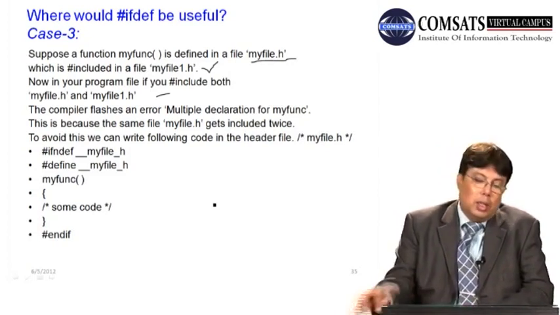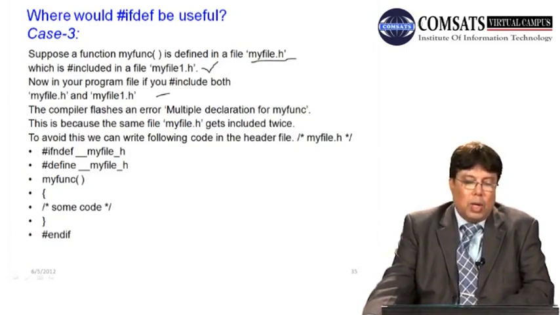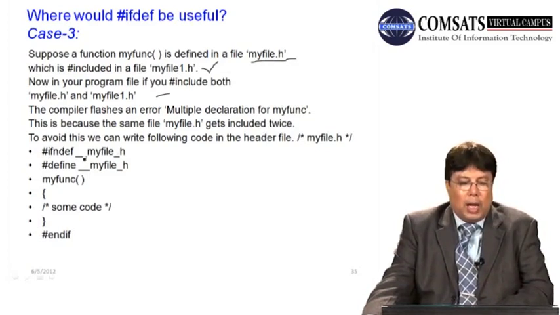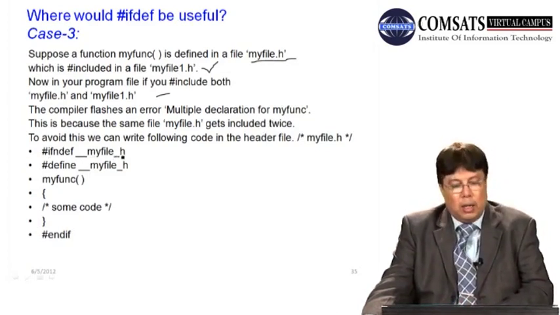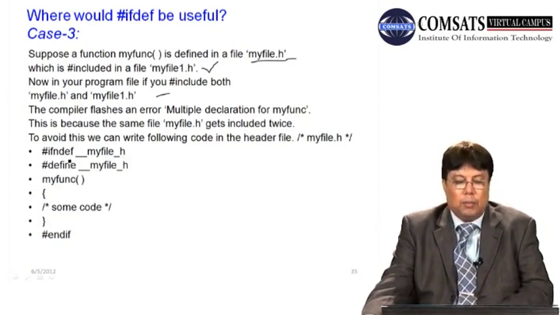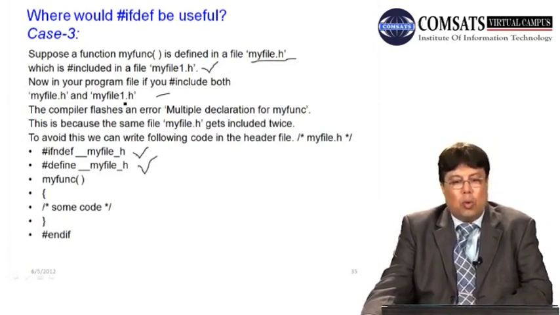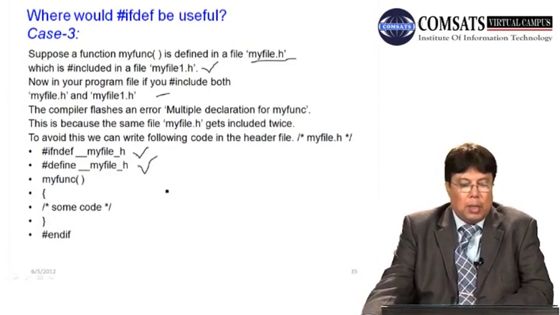What could be the solution? The best solution is that if you put a code, one single code, that if my function myfile_h means if it is defined, if not defined, then define it. Very simple. If it is not defined, then define it. But if it has already been defined, अब अगर किसी भी ऑर्डर में अगर आपने फंक्शन 1 को पहले इंक्लूड कर दिया है या फंक्शन 2 को किया, I think I have got the example in the next.